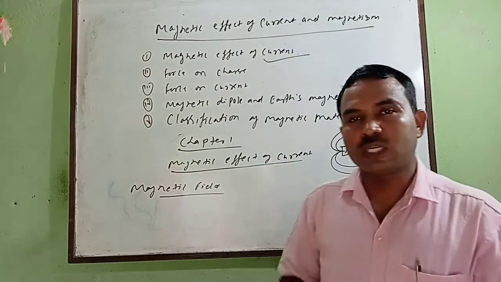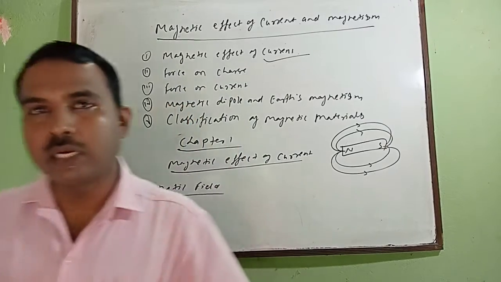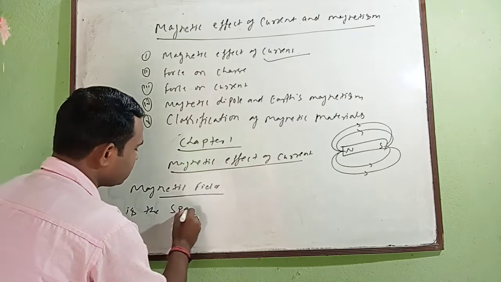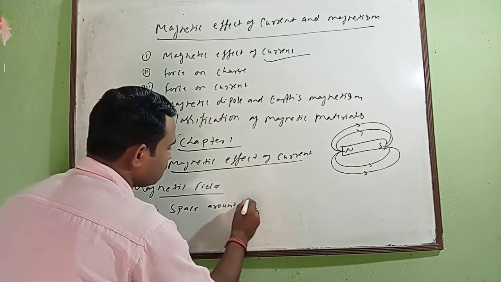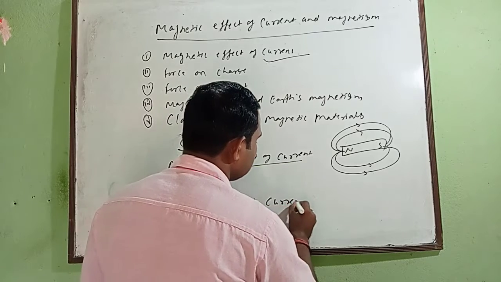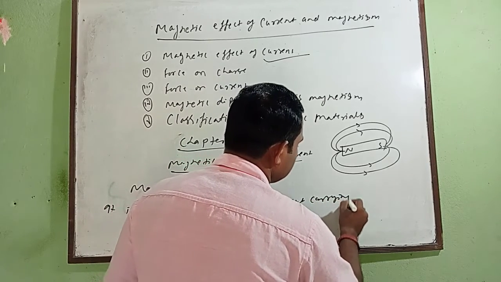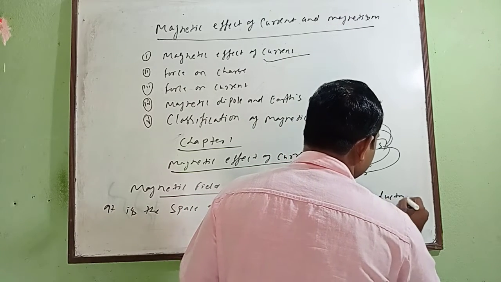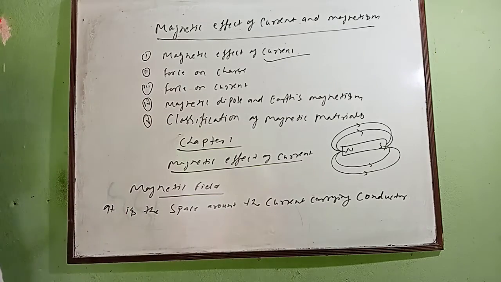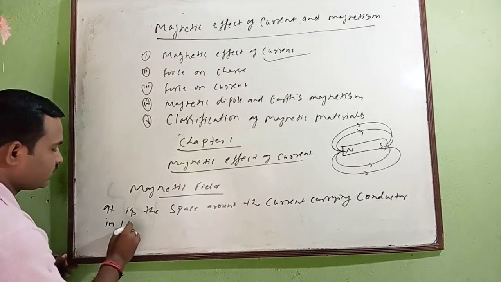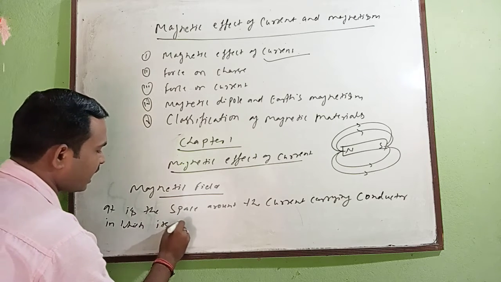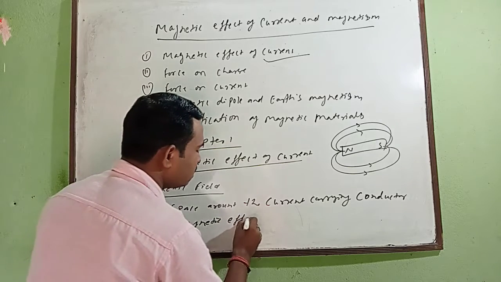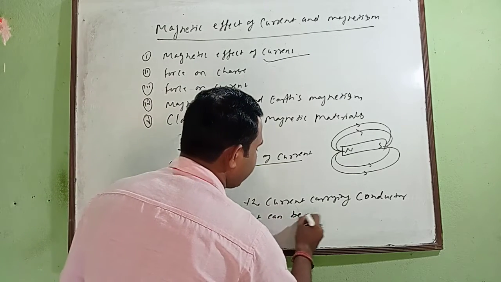You can say it is the space around a current carrying conductor in which its magnetic effect can be experienced.